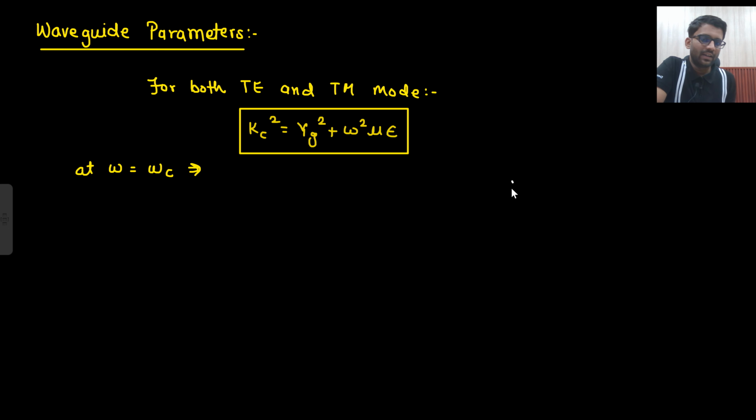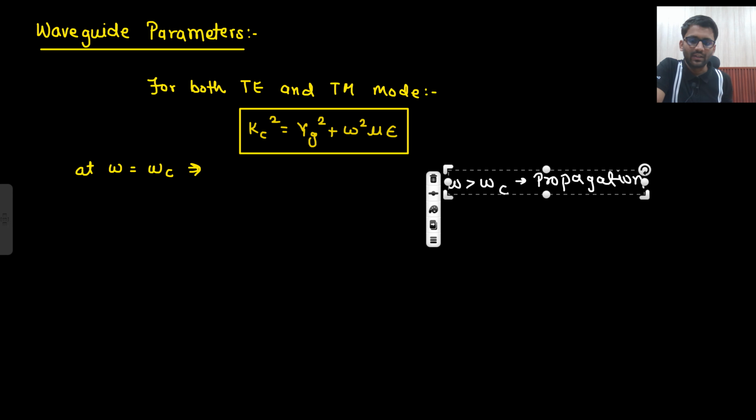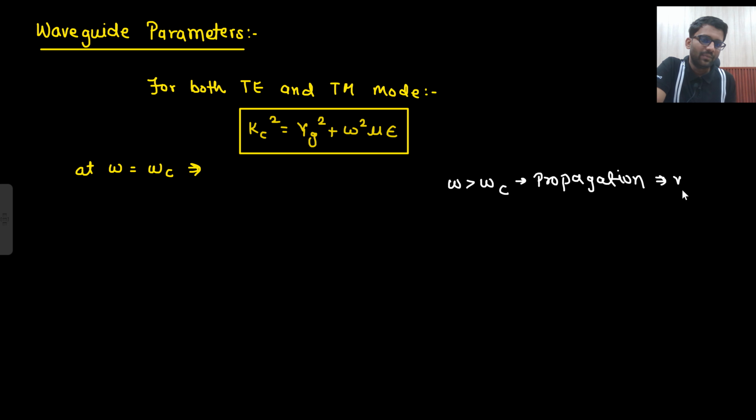And one thing also we know that when omega is greater than omega c, at that time there will be propagation, and your gamma g will be equals to j beta g. When omega equals to omega c, at that time there will be only oscillations, and your gamma g will be equals to 0.